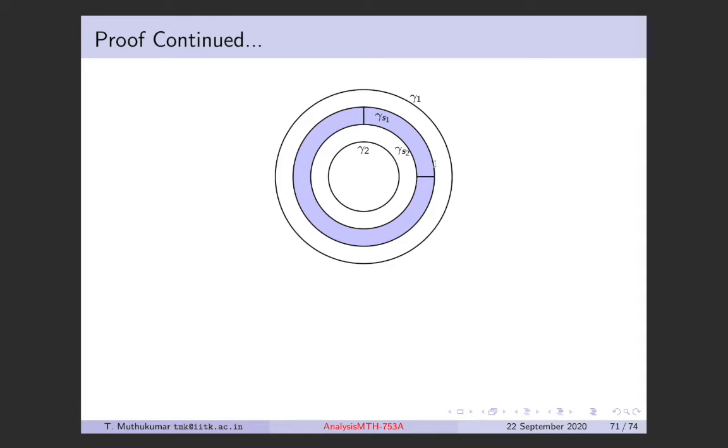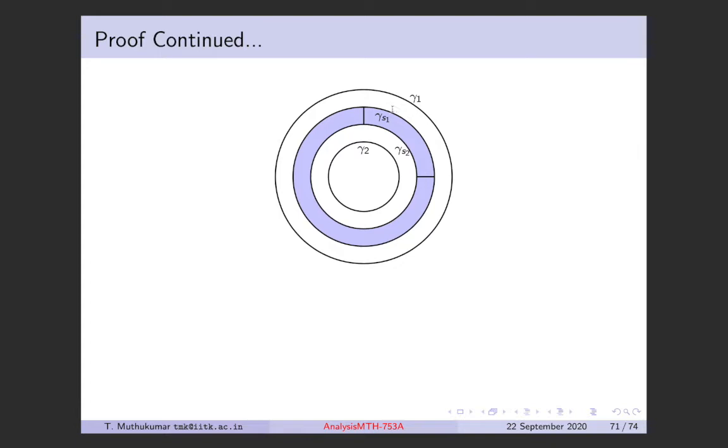But these are loops each contained in a simply connected disk of radius epsilon. So the integral of f over this closed loop is 0, and that is true for each disk, and we have only finite number of disks, so it's a finite sum. So this integral will be 0.